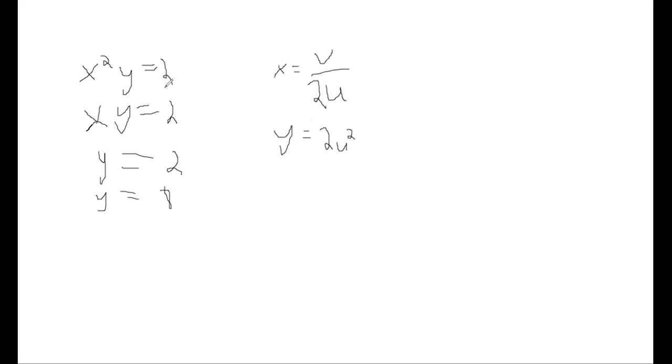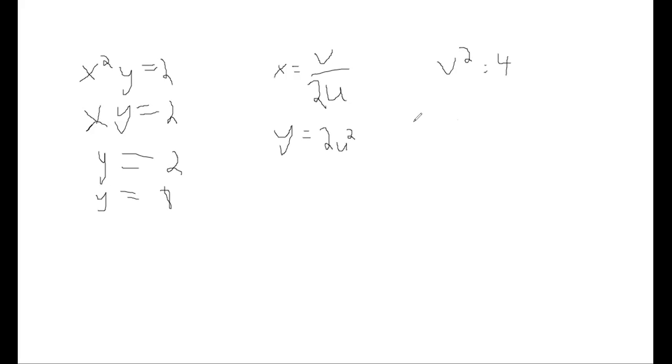So if we look at x squared y equals 2, what we end up getting is v squared equals 4. And here you can see that this is true: we get v squared over 4u squared times 2u squared equals 2. So v squared over 2 equals 2, v squared equals 4.